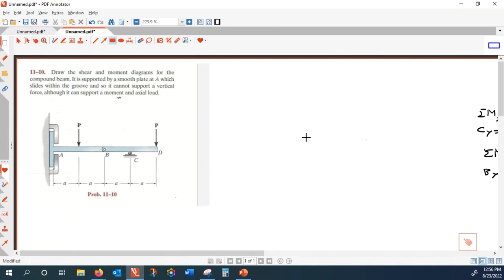So BA, at point B, I have to reverse that force.